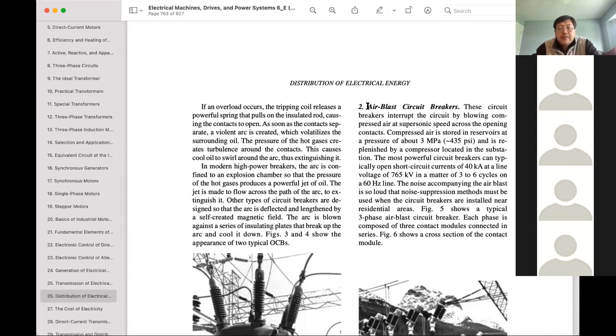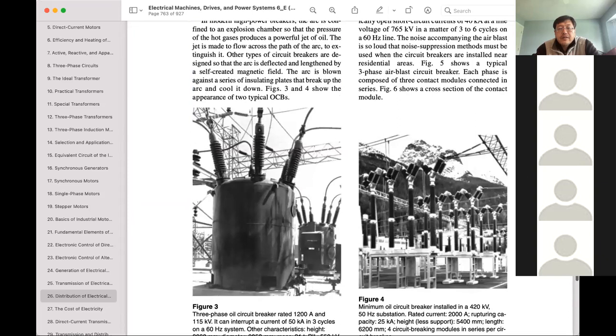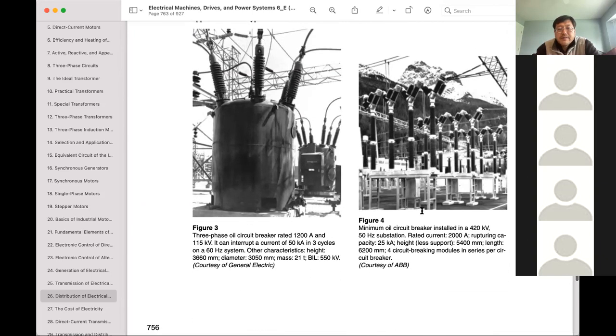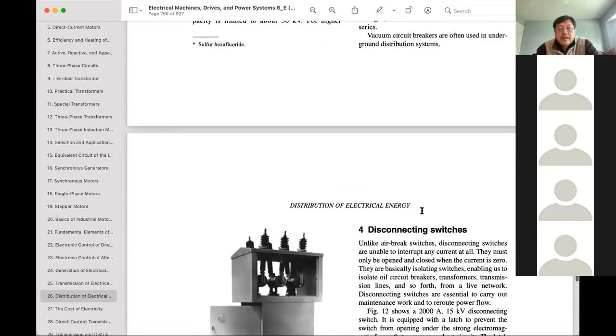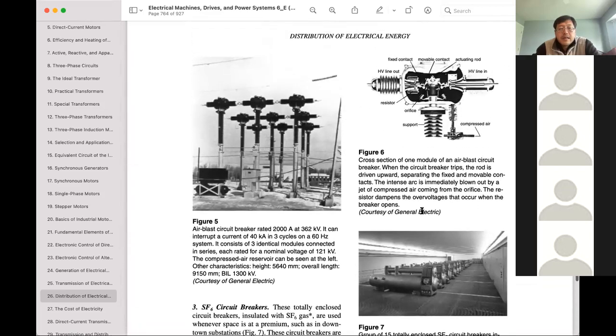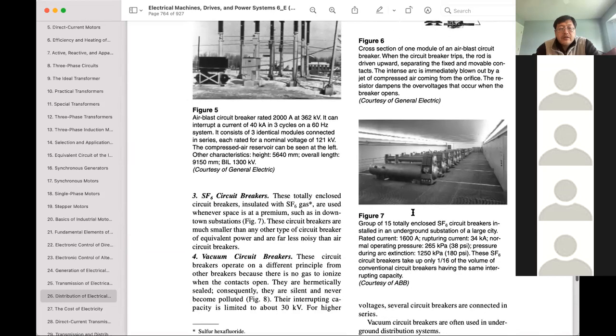The circuit breaker can also be an air circuit breaker. Looks like figure 4 is an air type circuit breaker. The circuit breaker can also be a special type, not oil, not air.